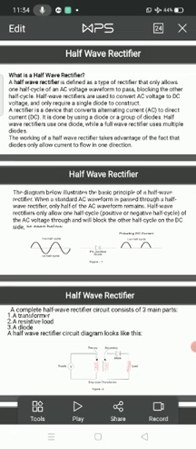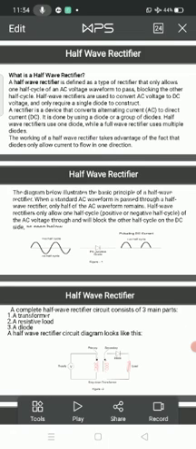Half wave rectifiers only allow one half cycle, that is, the positive or negative half cycle of the AC voltage, through, and will block the other half cycle on the DC side. Okay, it allows only one half cycle. The half cycle allowed to pass current through the diode is the one in which the diode is in forward bias condition.